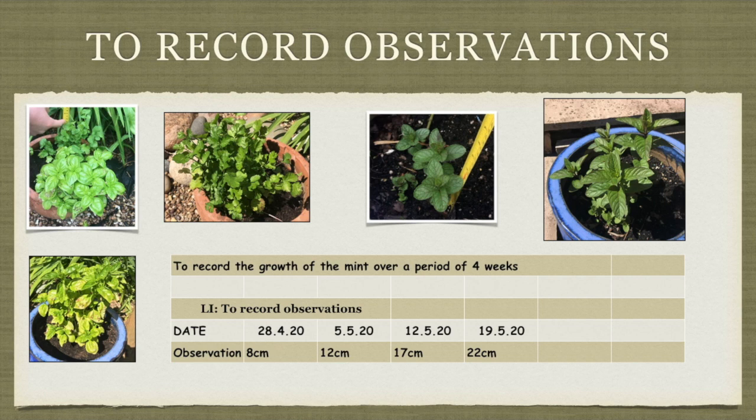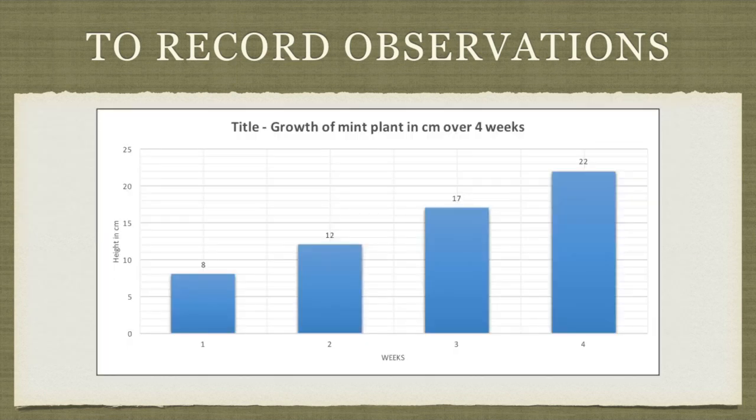And then a week later, on the 19th of May, that's today, I measured the mint again, and it is 22 centimeters. So we can look at those heights and we can see that the mint has continued to grow. And if we see that kind of growth, we can assume that the conditions for the mint were ideal. Now, how can we record this information?